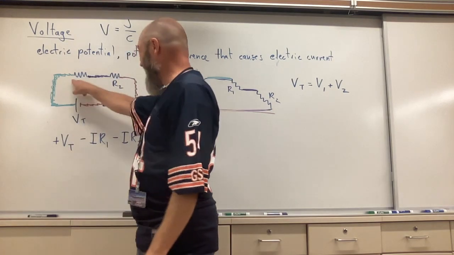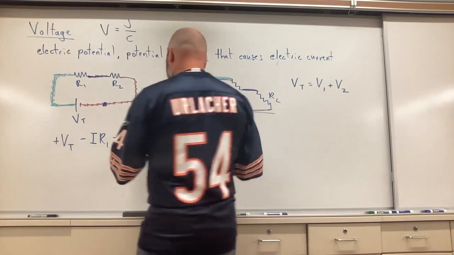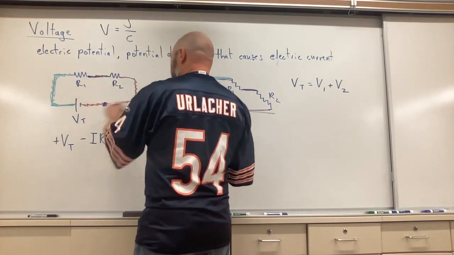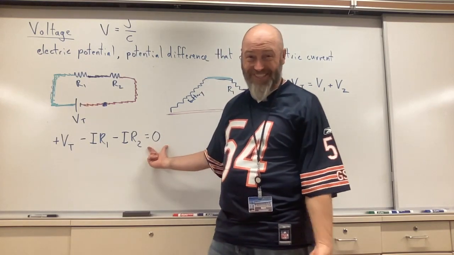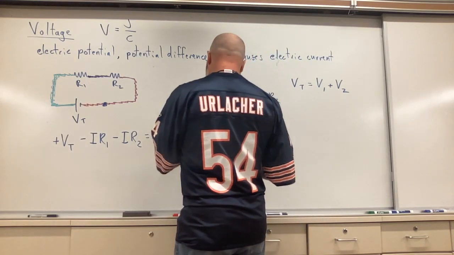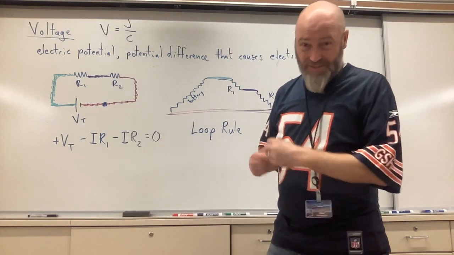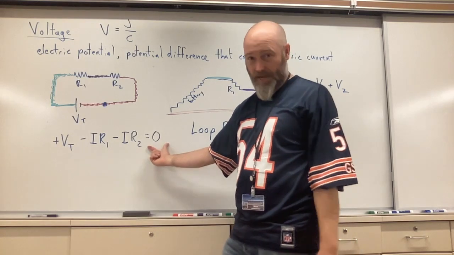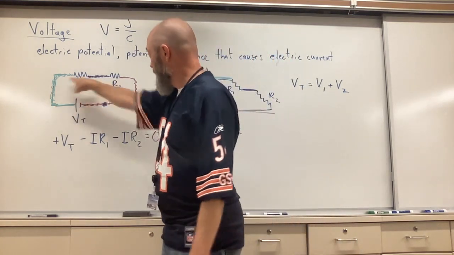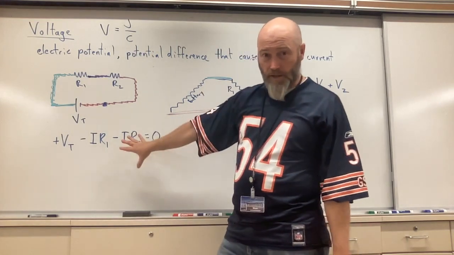This I and this I are the same because there are no junctions, and then hey, I get back to my starting point. That means my change in voltage has to be 0. That's the loop rule. Any loop you take around, your change in voltage is going to be 0. So I went up, and then I went down, and I end up back at my starting point. Everybody follow that one?